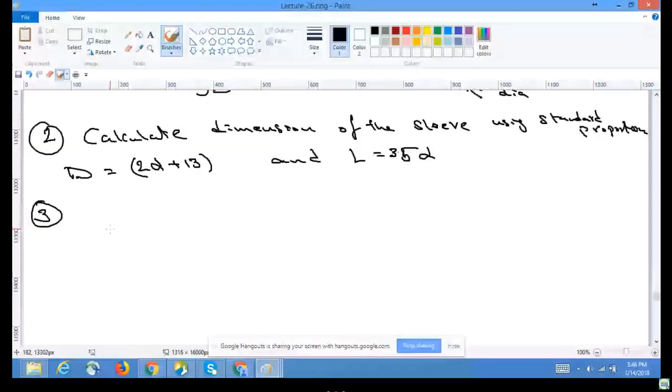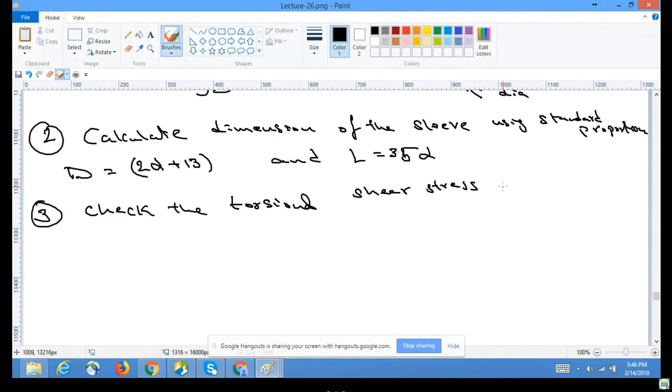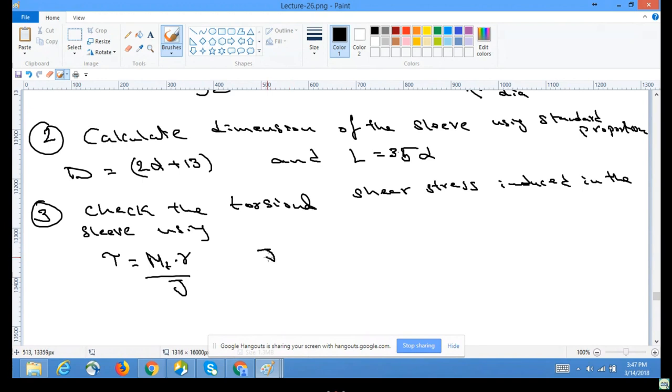First one is the torsional shear in the sleeve using tau equals torque times radius by J, where the polar moment of inertia is given as pi times (D to the fourth minus d to the fourth) divided by 32.